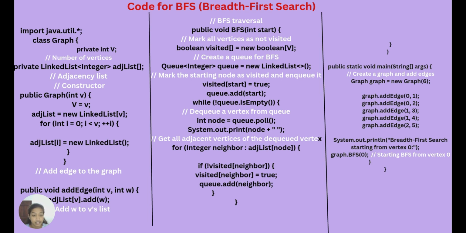The graph is initialized with the number of vertices. Private integer V represents the number of vertices in the graph. Private linked list integer adjacency list is an array of linked lists. Each index of the array holds a linked list representing the neighbors of a vertex.